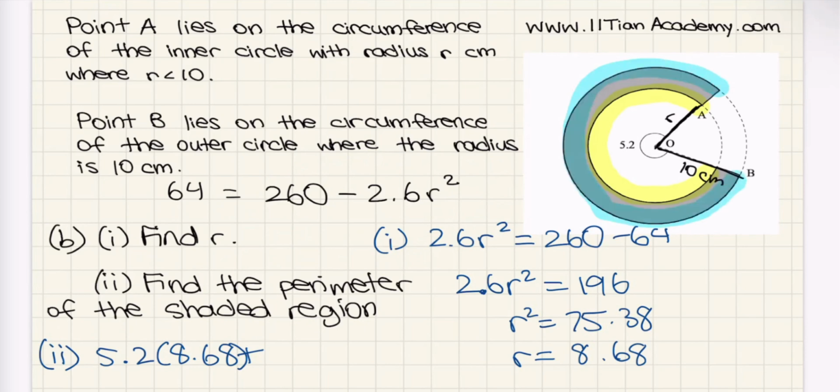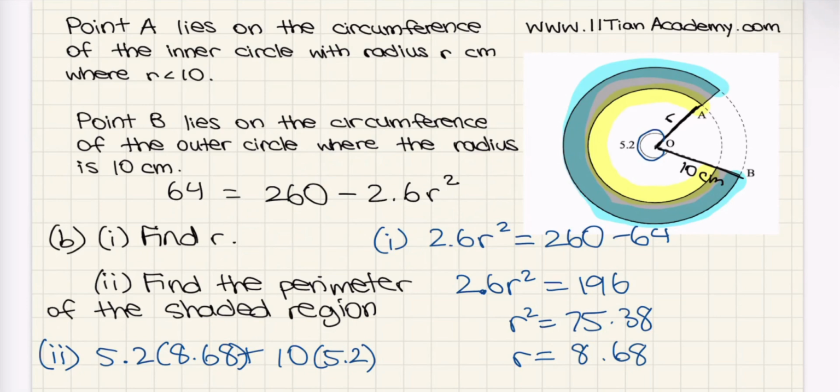And the radius for this bigger circle is 10. So this is going to be 10 times 5.2, the angle here we're using, 5.2 in radians, times 10.